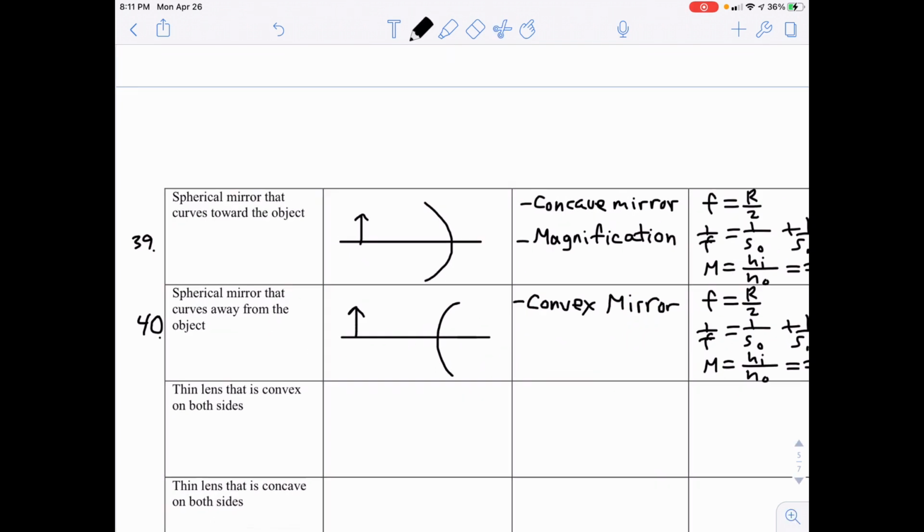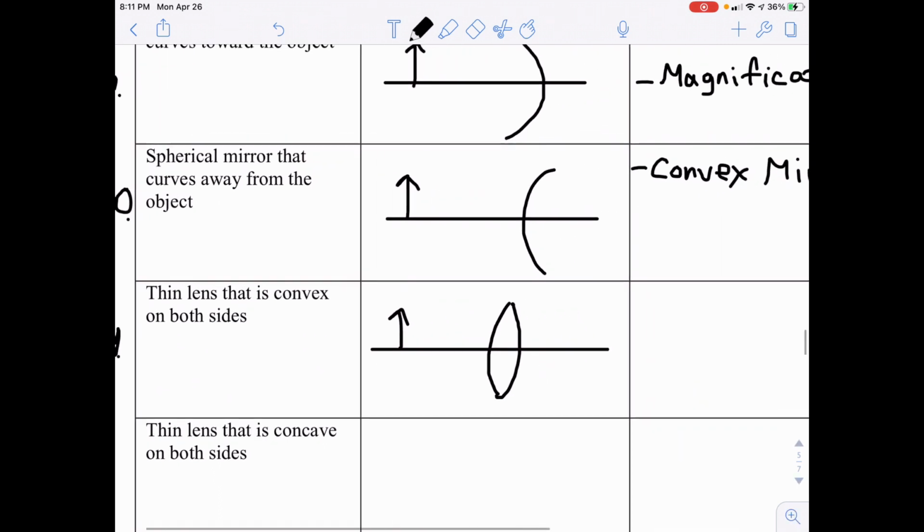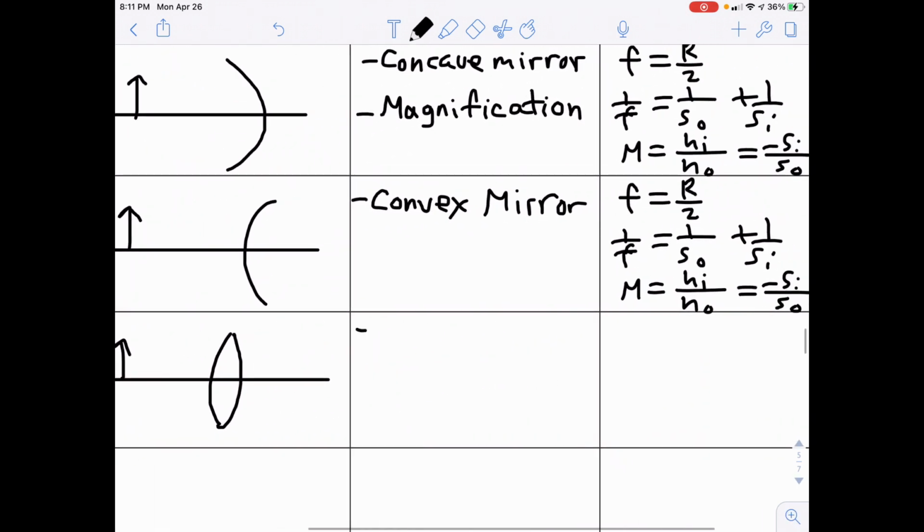Let's say in number 41, we have a lens that is convex on both sides. So again, you've got your object. This is referred to as the principal axis. And let's say you have a lens that's convex on both sides. This is referred to as a biconvex lens or converging lens.